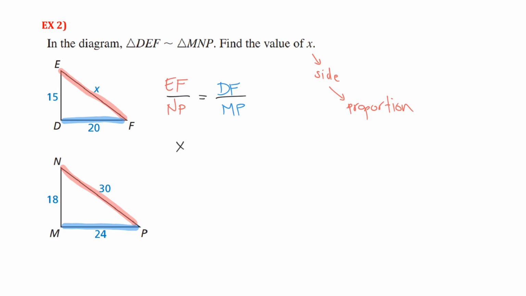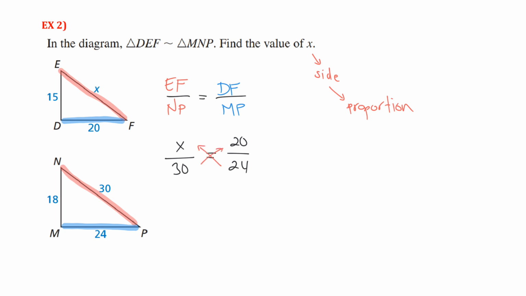X is going to substitute in for EF. For NP, we're going to write down 30, and this will be equal to DF, which is 20, divided by MP, which is 24. If you would like to, you can simplify this fraction, but I'm going to just cross multiply from here.